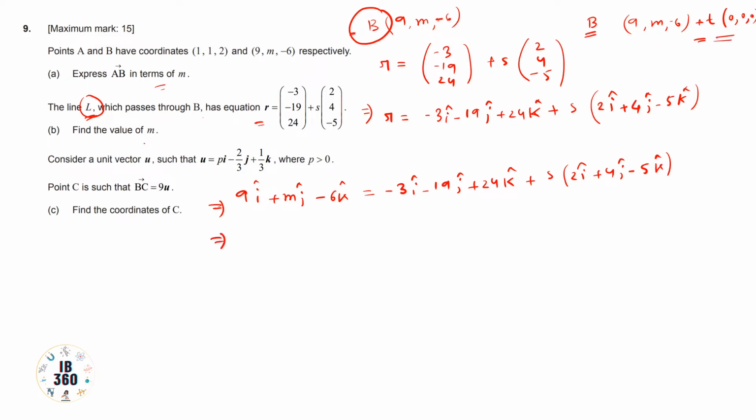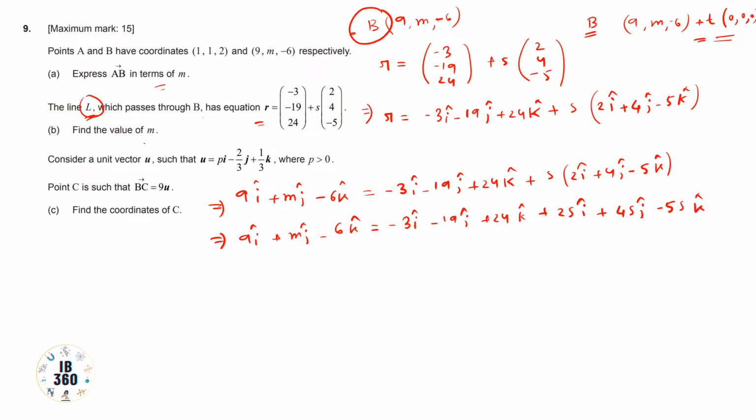So now we can write 9i cap plus mj cap minus 6k cap equals -3i cap minus 19j cap plus 24k cap plus 2si cap plus 4sj cap minus 5sk cap.